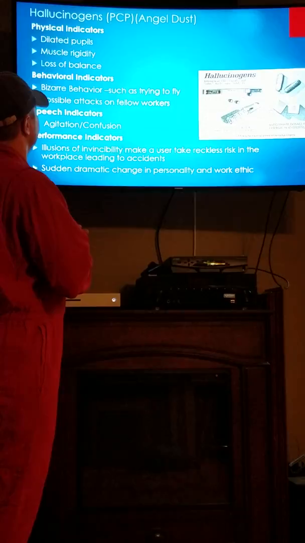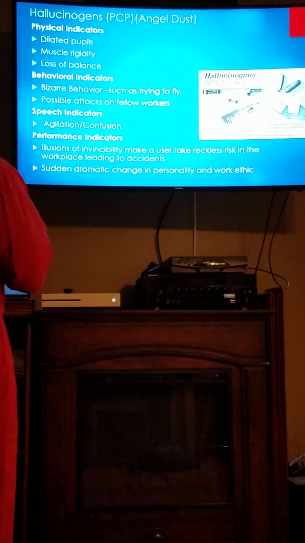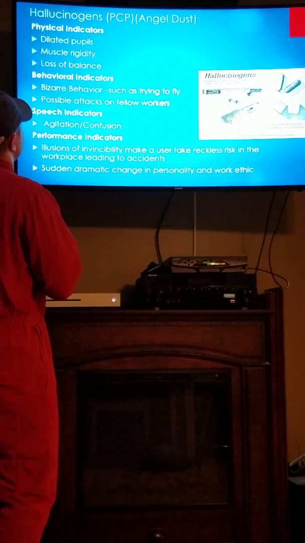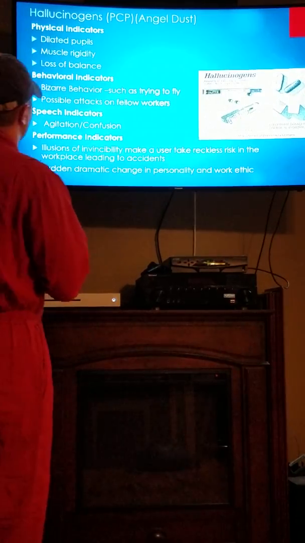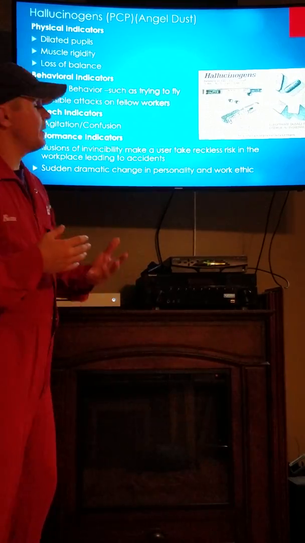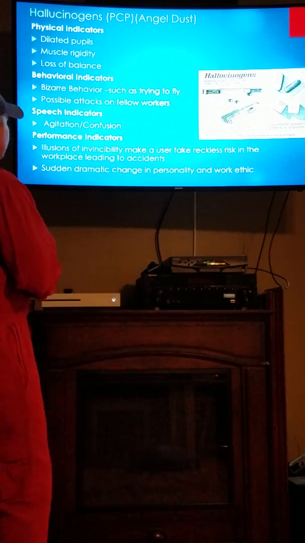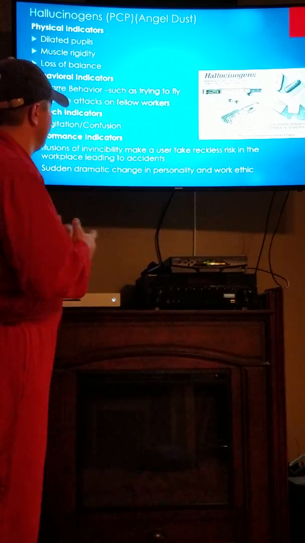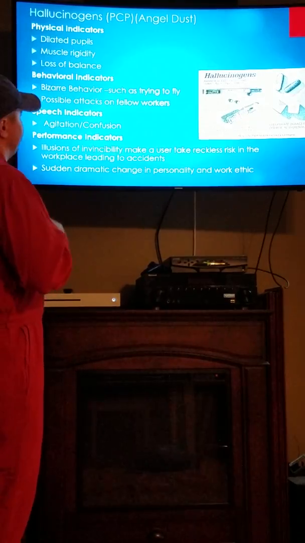Hallucinogens: PCP, angel dust. The physical indicators are dilated pupils, muscle rigidity, loss of balance. Our behavioral indicator: bizarre behavior. When I researched this for this training, I was just shocked when I read this, but such as trying to fly and possibly attacking fellow co-workers.